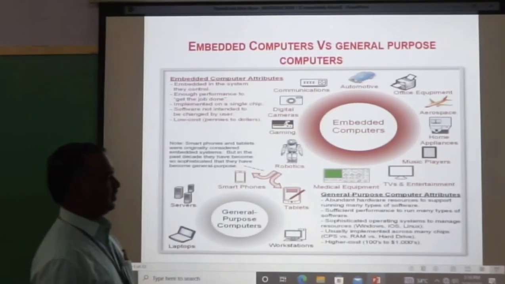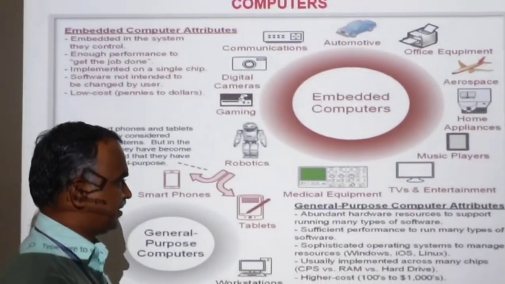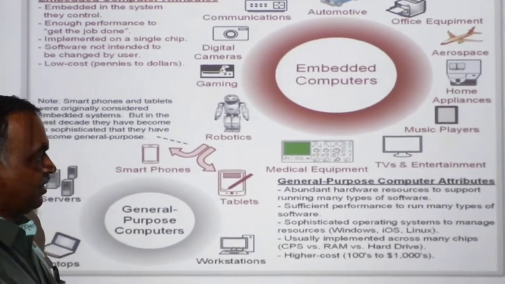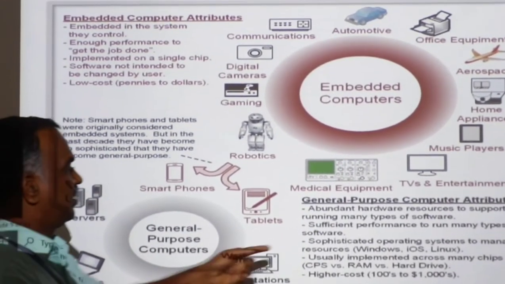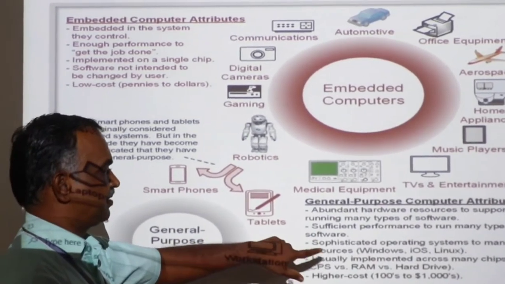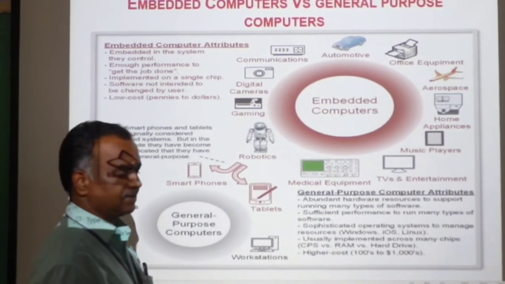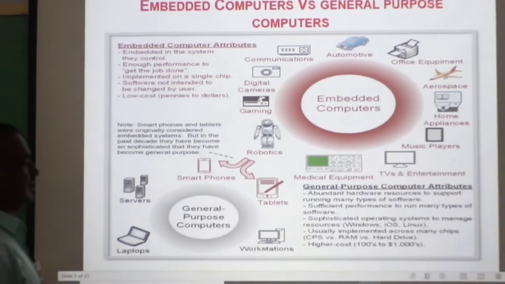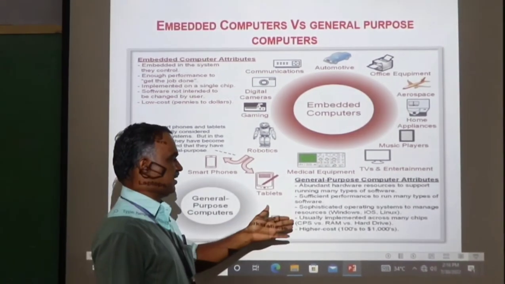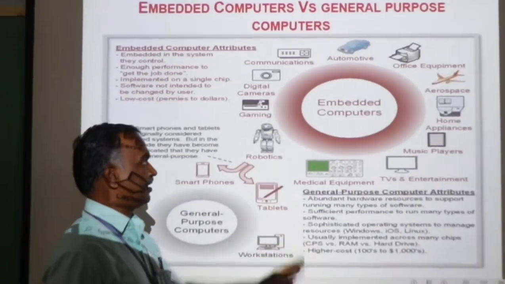In general purpose computers, we have a larger number of hardware resources and software resources, with sufficient performance to run many types of software. General purpose computers may be implemented across many chips, and the cost of the system is also very high.